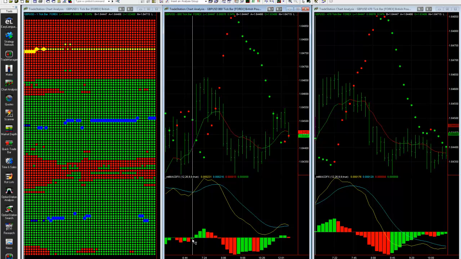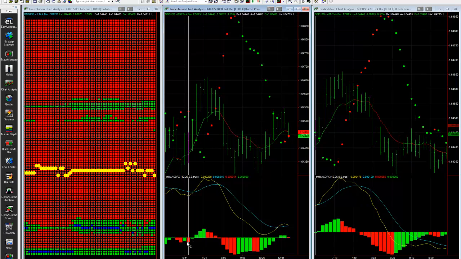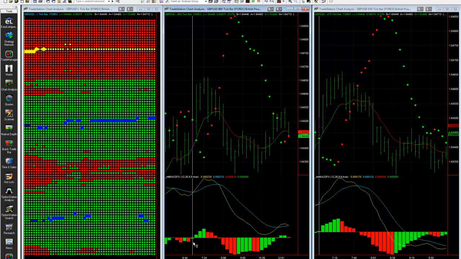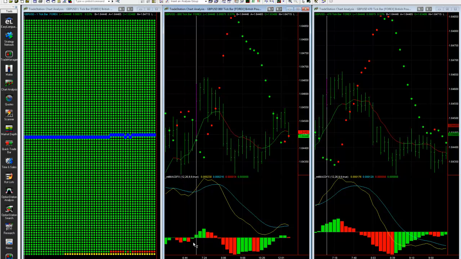Green indicates that from the MACD's perspective, the market has moved up from the previous bar, or this bar of the histogram here, which is colored red. So on this bar, it moved up from the previous bar. Then it moved up further from the previous bar.